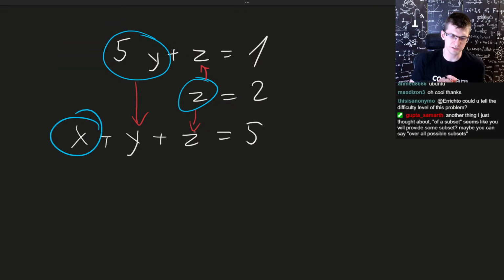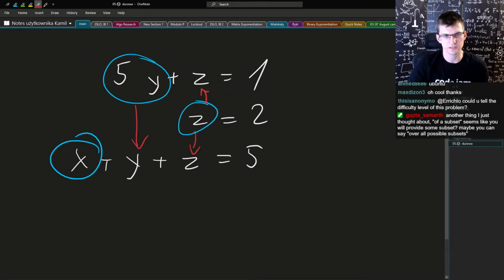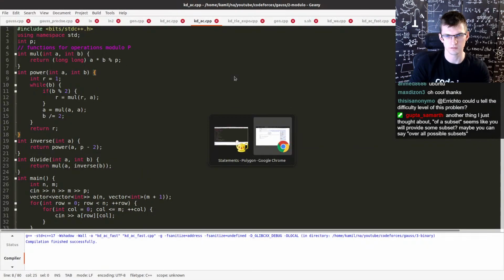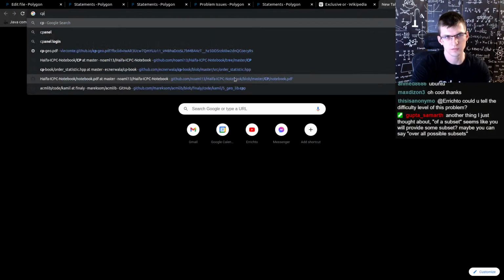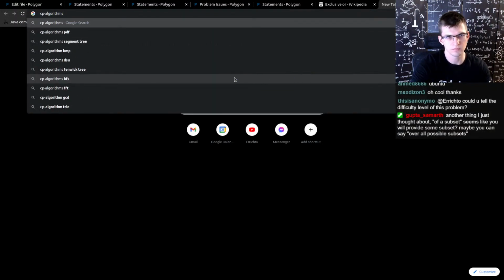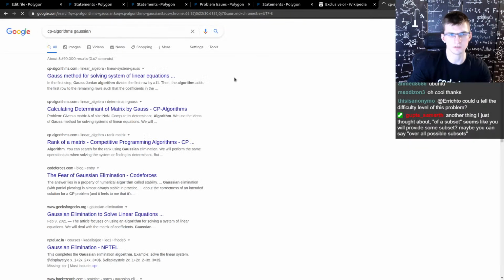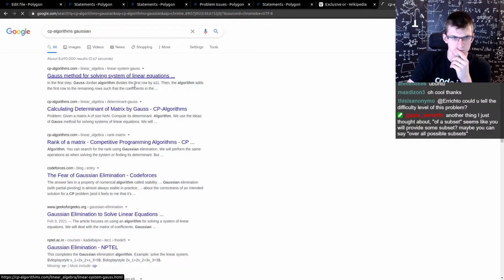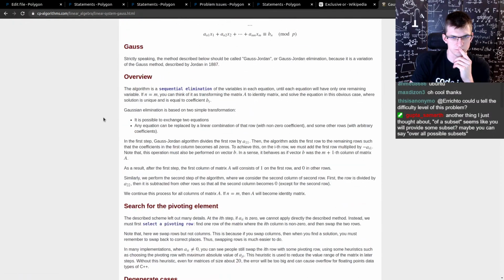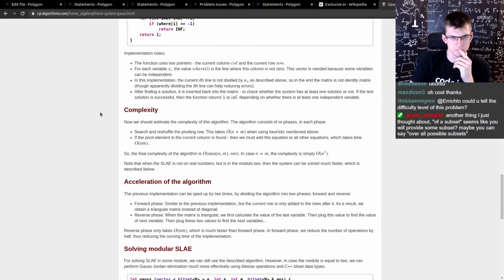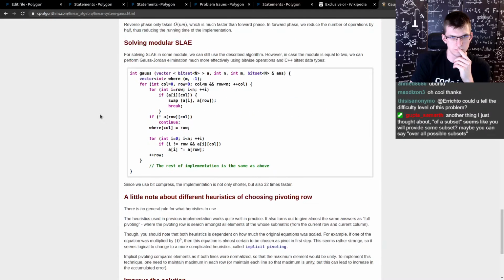Let's see how CP algorithms does it. CP algorithms, Gaussian elimination. Modular. Yeah, let's read this. They swap some two rows.